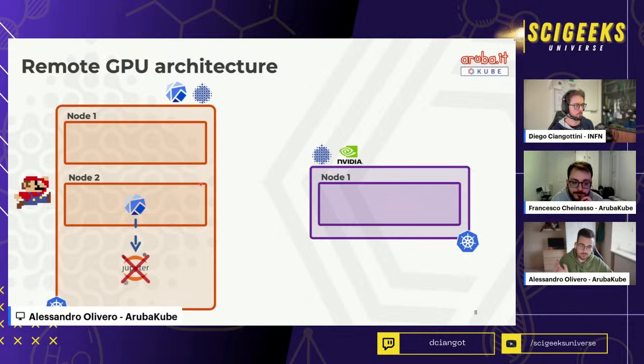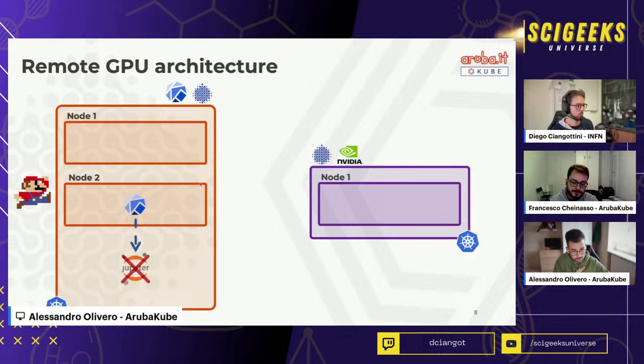But again, it can be any Kubernetes cluster you want. Here we have a K3s cluster running a single node cluster on this server for simplicity, but you can have really whatever you want. In this cluster, we have NVIDIA GPUs attached to the node, and we installed the GPU operator on this cluster.